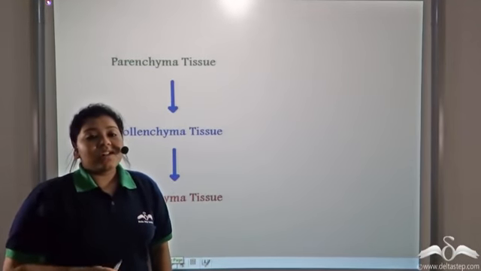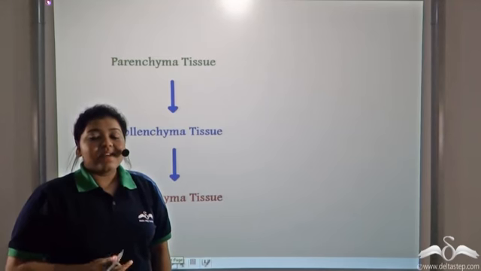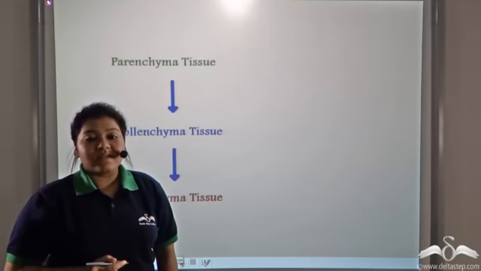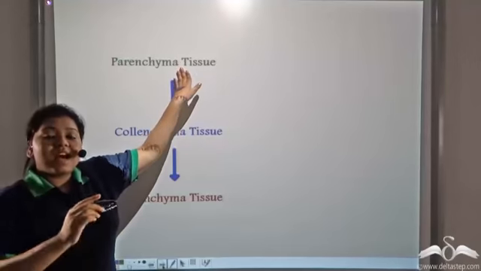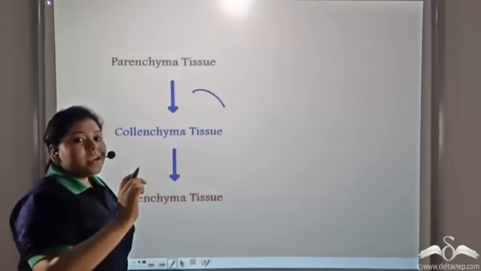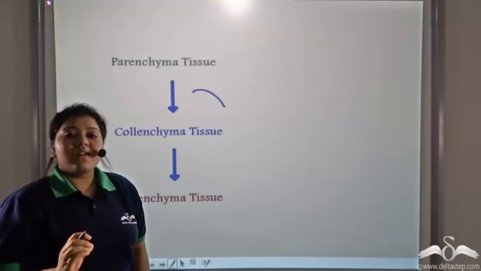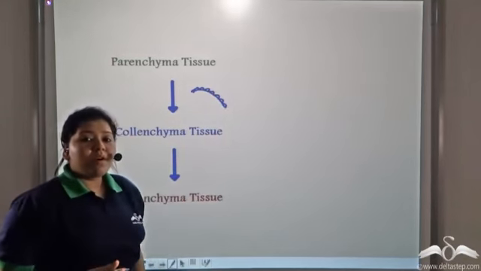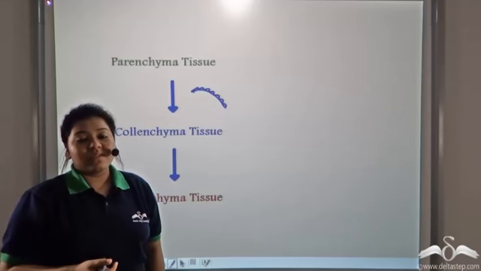So the thin-walled parenchyma cells with time get converted to collenchyma cells. Parenchyma cells have a very thin cell wall. Now when there are additional depositions on the cell wall like this, they form the collenchyma tissue.